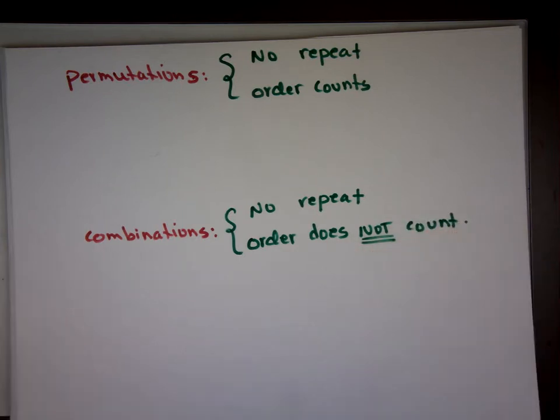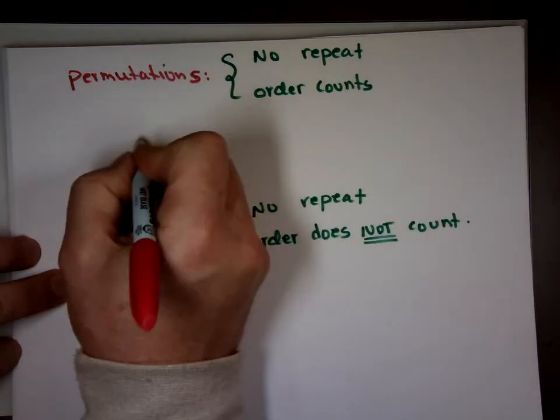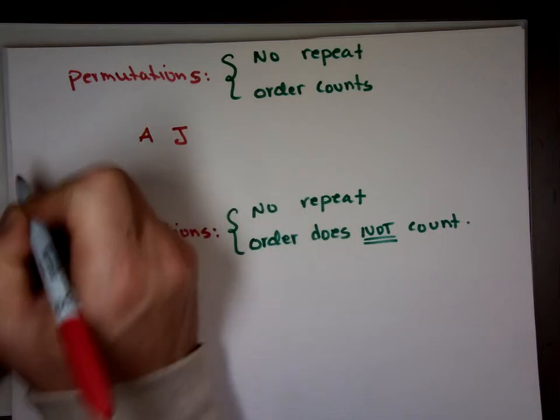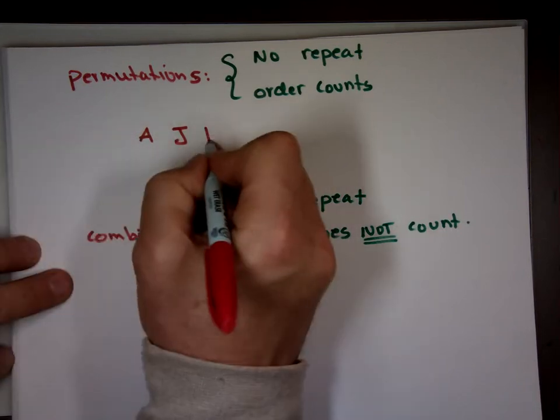What does it mean, the order counts? If we decide we're going to select a president, vice president, and secretary for the engineering club, and the first person we select is the president. So I'm selecting Adam as the president, Jamie is the vice president, and Kathy is the treasurer.